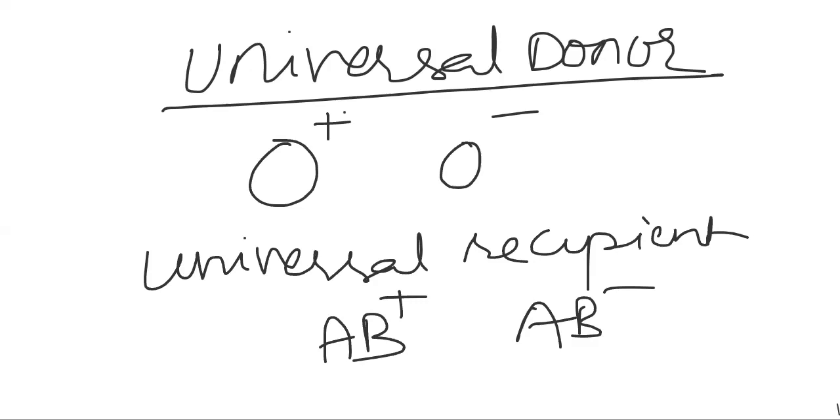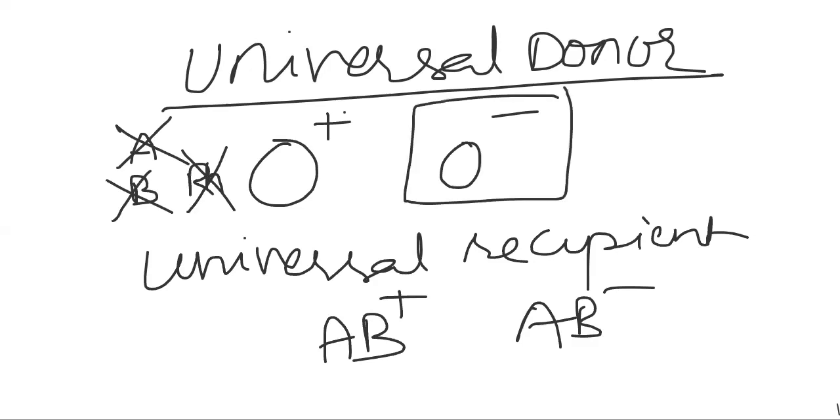When competition runs between them, who will be the universal donor? Why did O become the universal donor? It doesn't have A antigen, it doesn't have B antigen. That's why. If Rh is also absent, that becomes best here. It can be given to anyone. So I am selecting O negative as the best universal donor.